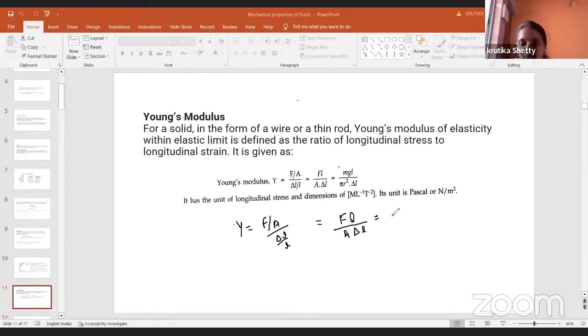According to Newton's law, what is the formula for force? F is equal to... you can tell the answers in the chat box.